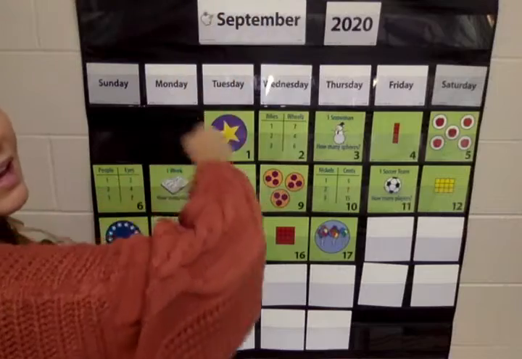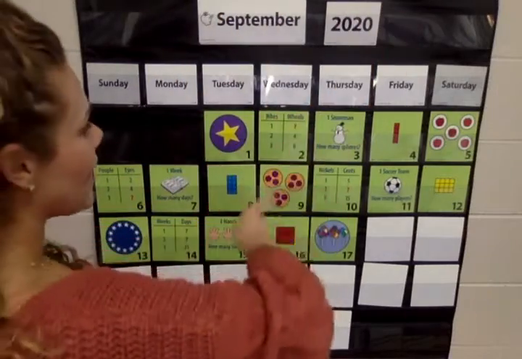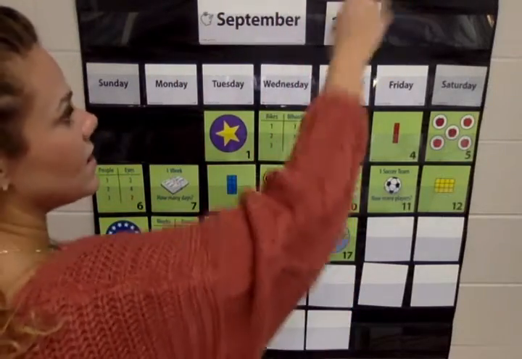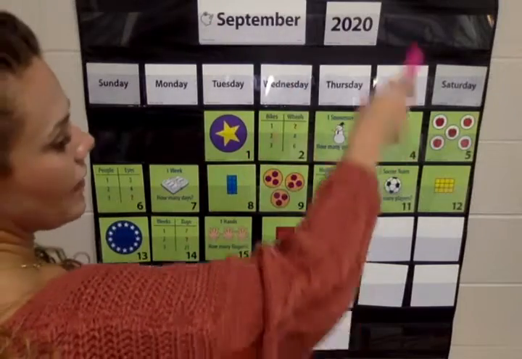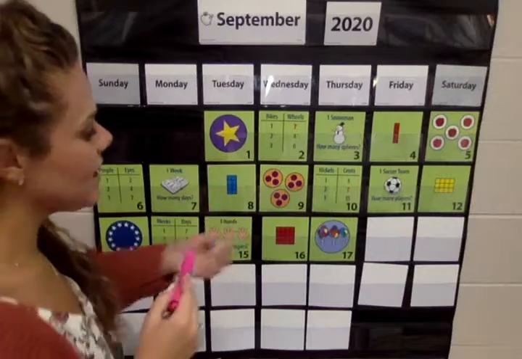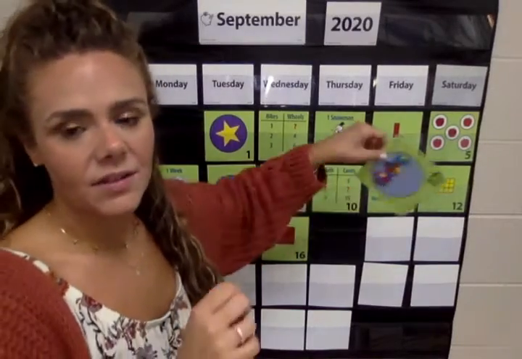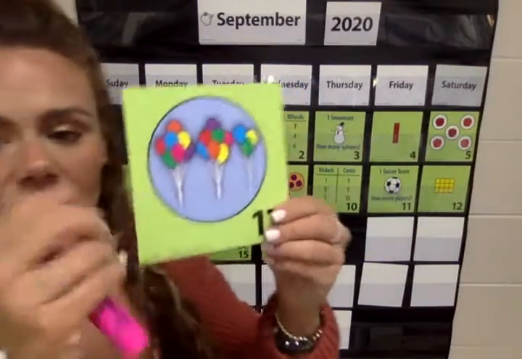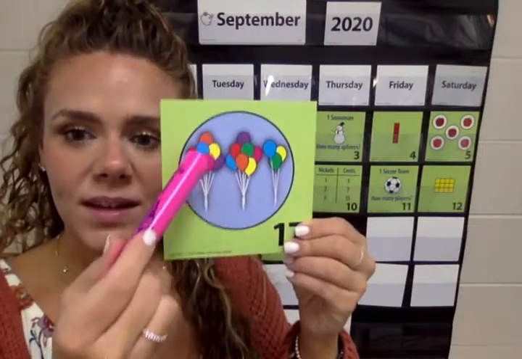9/17/20. Okay, let's take a look at this marker today. So we have one loop, and I wonder how many balloons are inside of there. I want you to think about it.